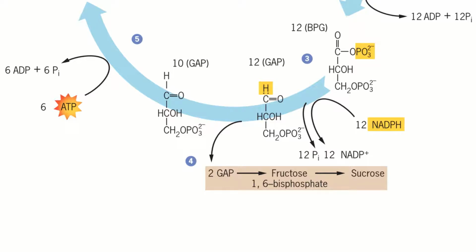So you now have 12 GAPs, or glyceraldehyde phosphates. And these GAPs are going to be incorporated together to form fructose 1,6-biphosphate. And then turned into its isomer, glucose.